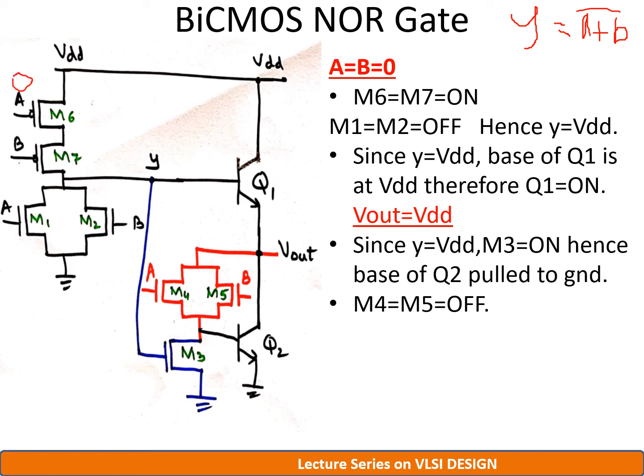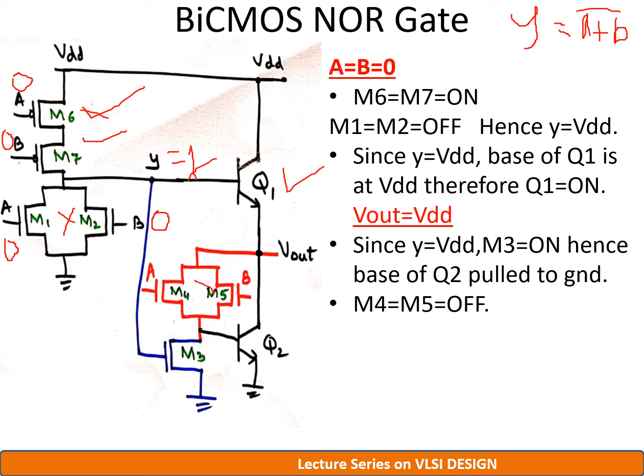So when A is 0, B is 0, both these PMOSes will be in on state, both these NMOSes will be in off state, hence Y value is logic 1 or VDD because these PMOSes are on. Since Y is logic 1, Q1 will turn on.